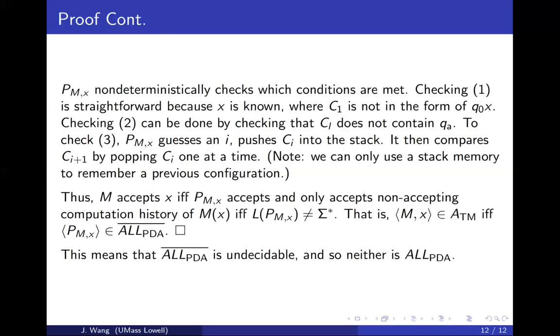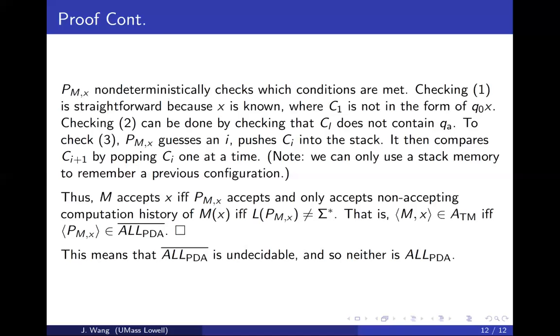Hence, for this description of P sub M comma X, M accepts X if and only if P sub M comma X accepts only non-accepting computation histories of M on X. Which means P sub M comma X doesn't accept everything, so it is not equal to sigma star, which means it's in the complement of O sub PDA.